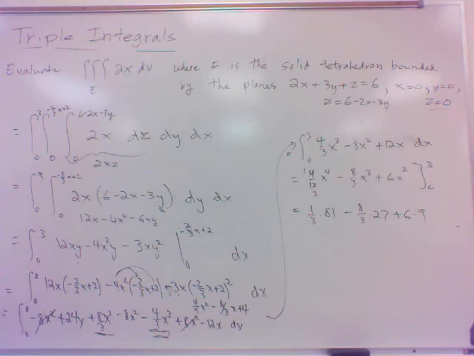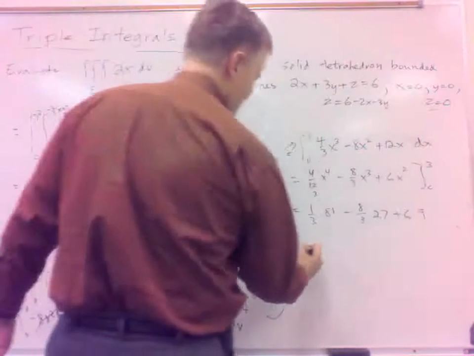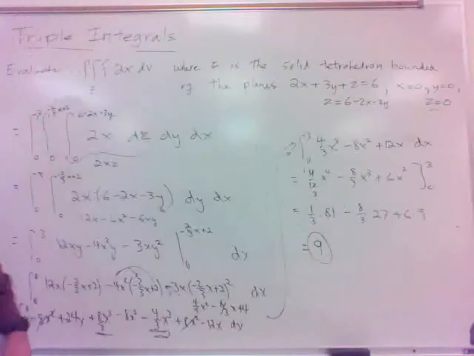So 81 divided by 3 minus 8/3 times 27 is 54. 9. After all that.